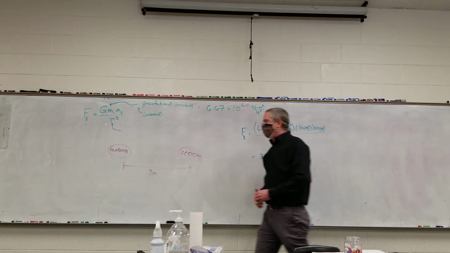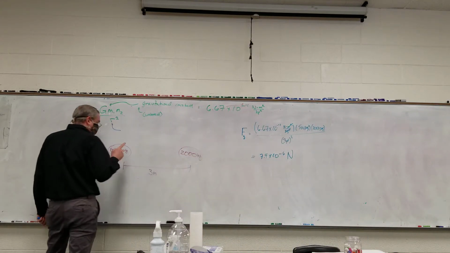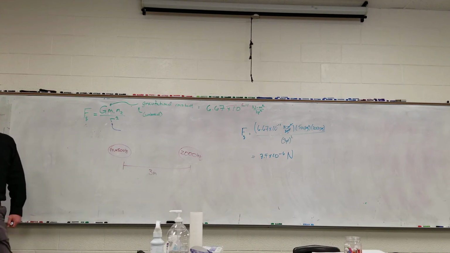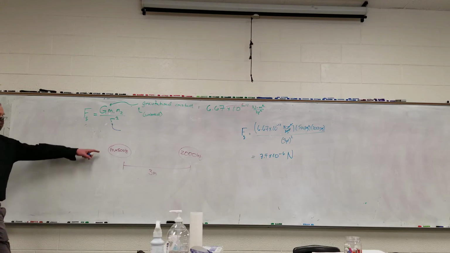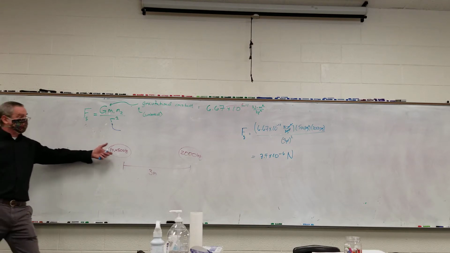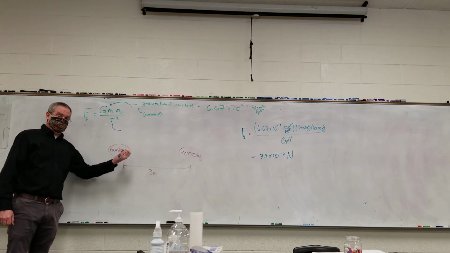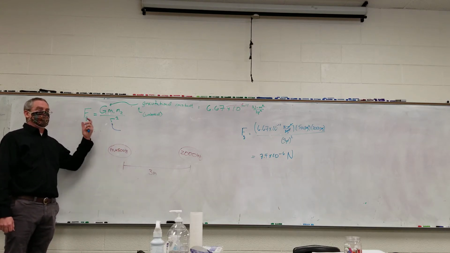All right, direction. What is the direction of the gravitational force acting on the 500 kilogram mass? Again, the question is, in essence, is that gravitational force pulling them together or pushing them apart or making it go sideways?